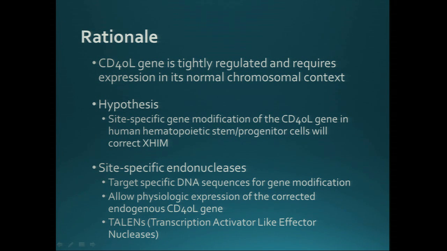The endonucleases we've been using are TALENs, which stand for transcription activator-like effector nucleases. They're a powerful genome editing platform derived from a plant pathogenic bacteria, and can be manipulated in the lab to target specific DNA sequences.